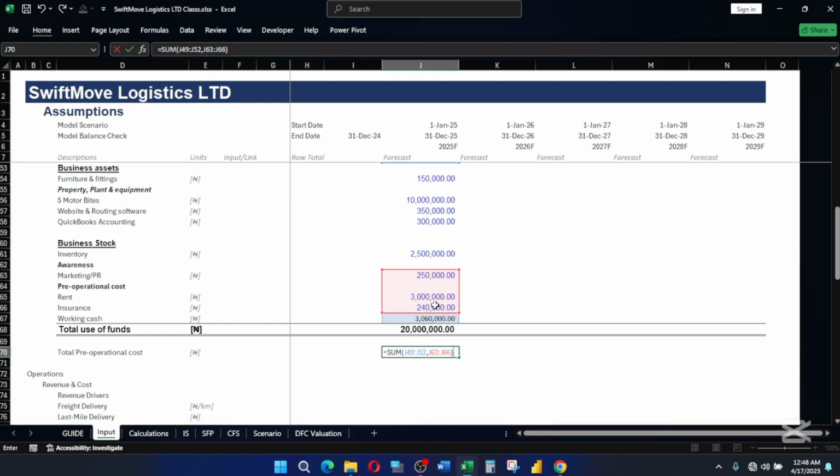Depending on the modeler, it's your choice to decide which one actually suits you. But I like getting these figures the way I am doing it right now. I get the total business development cost, and I also get the awareness cost and the pre-operational cost when I do my calculation. So this is my pre-operational cost.